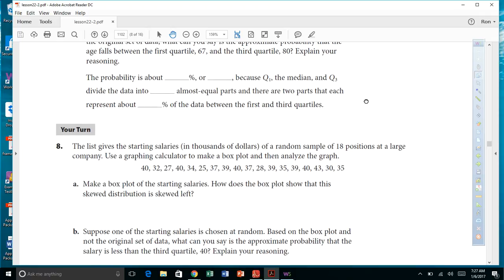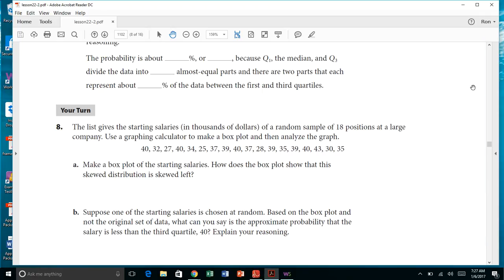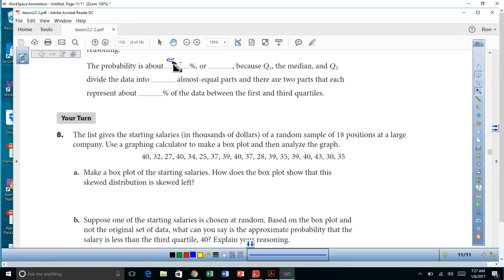The probability is about 50%, or 0.5, because Q1, the median, and Q3 divide the data into 4 almost equal parts. So there are 2 parts that each represent about 25% of the data between the first and third quartiles.